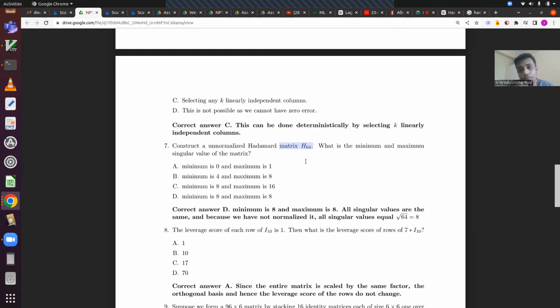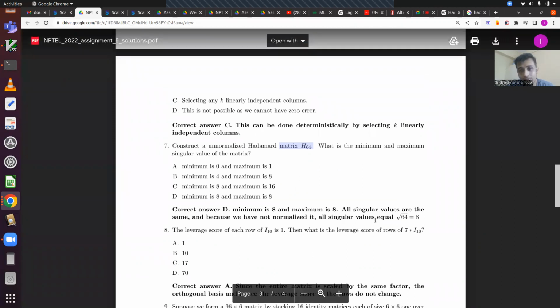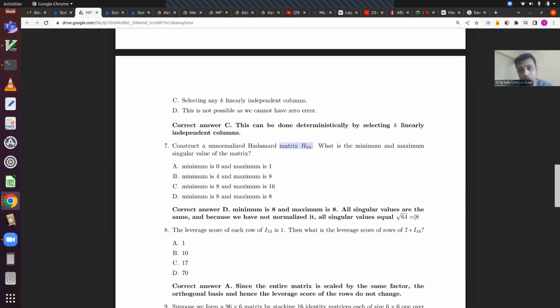So what would the norm be? It would be 1 squared plus (-1) squared plus so on, 64 times, which is basically 64. And the square root of that is 8. So I think what they are saying is all the norms of each of the columns are the same, and so all of them will be equal to 8.